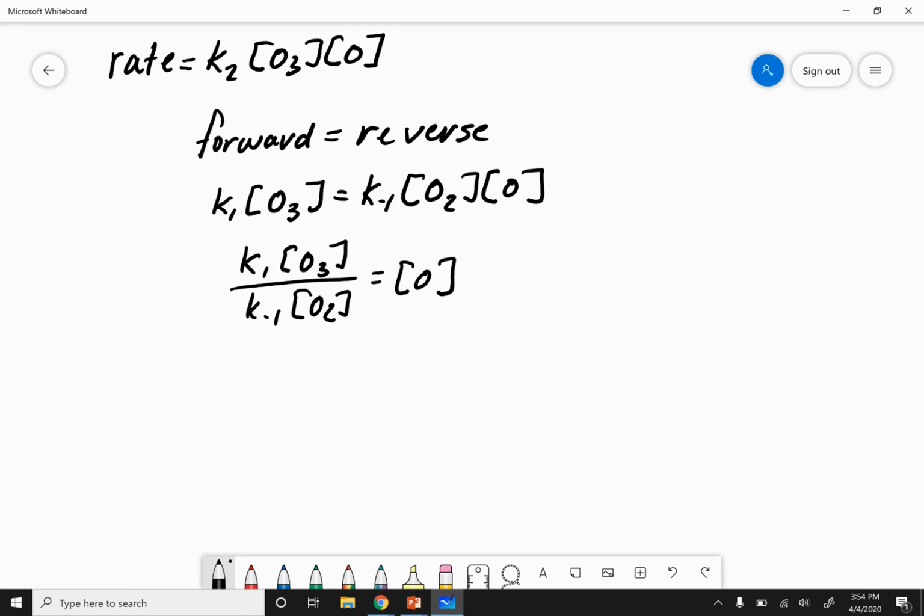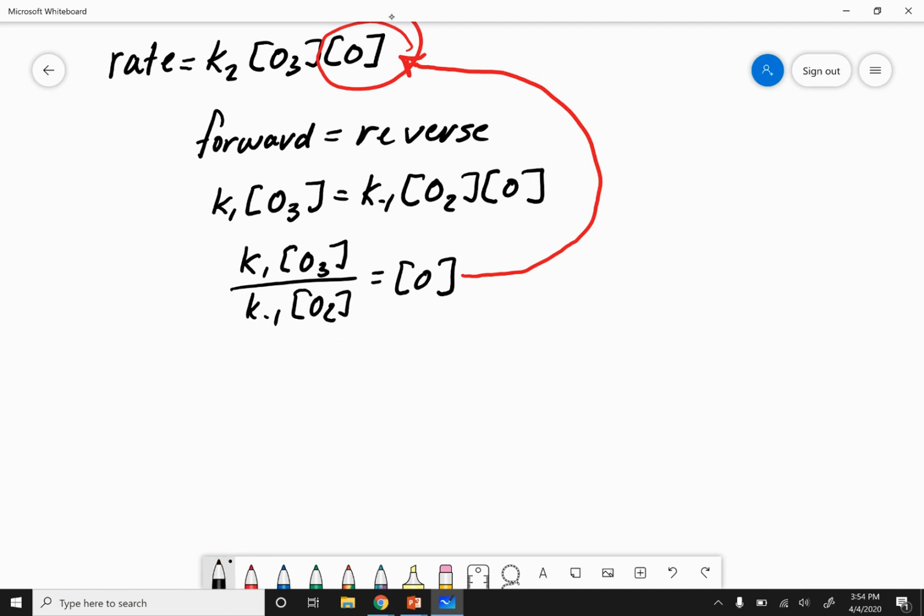So now I can get rid of atomic oxygen in my rate law, which was answer choice C. What I mean by that is let's do a substitution to get that intermediate out of my rate law.